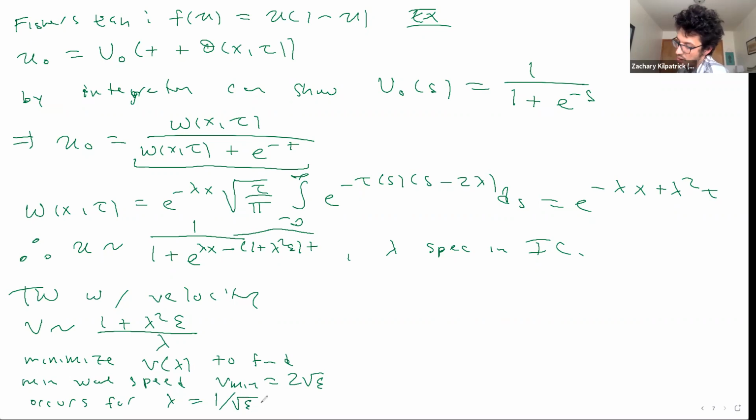So depending on your choice of initial conditions, your choice of initial conditions are actually going to shape the speed of the waves that you have, okay? So it's not necessarily like the bistable equation or some nonlinear equations where you just have a single type of traveling wave that you can get.